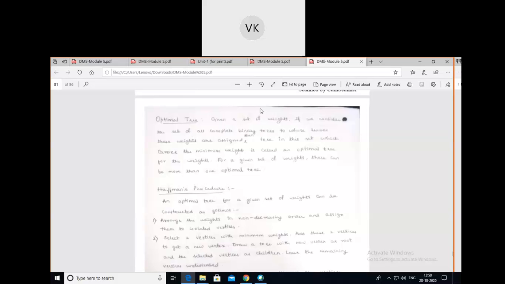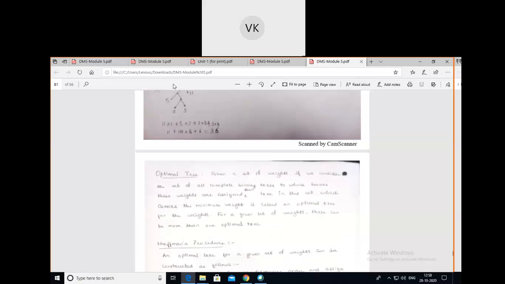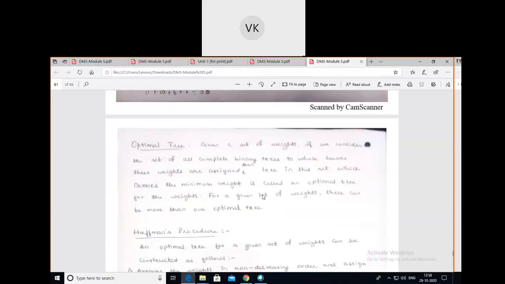Next is optimal tree. Just wait for a while, I will enlarge. Okay, optimal tree.